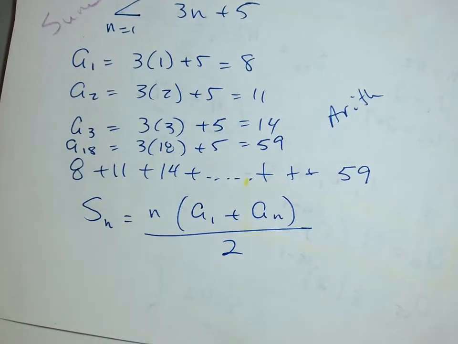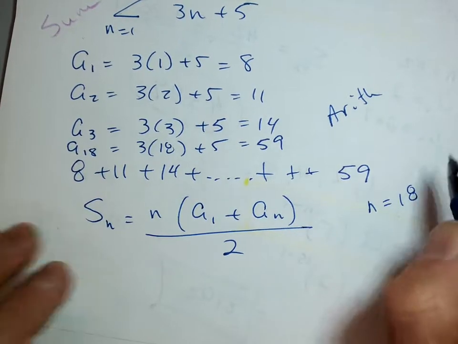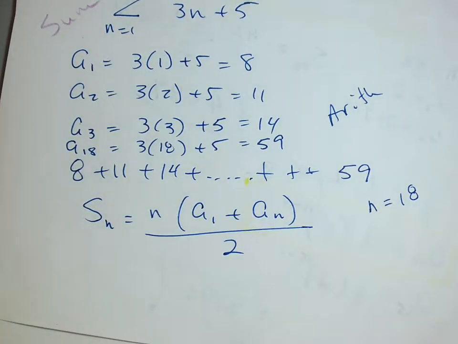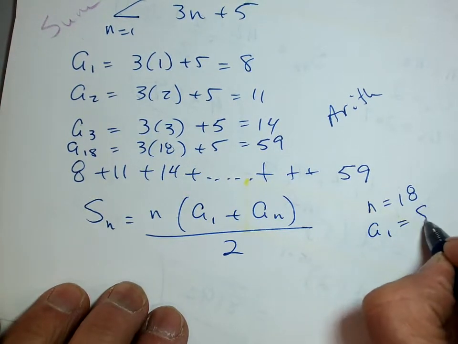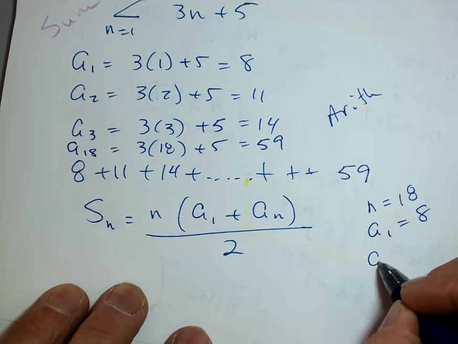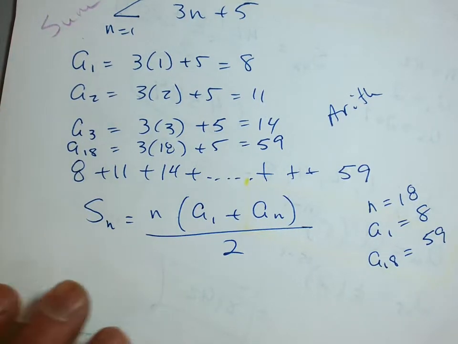All right, so I know that n is 18, 18 terms. I know A1 is 8, and A18, which is the last term, is 59, okay? So I'm going to use the formula.